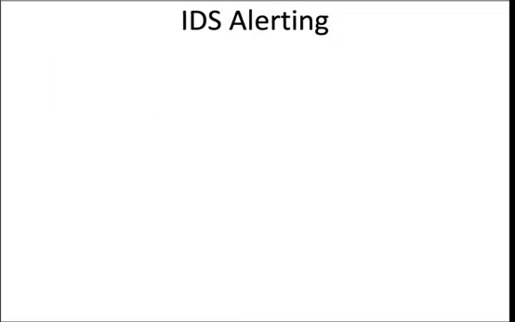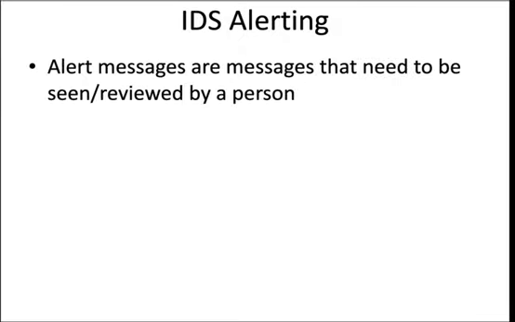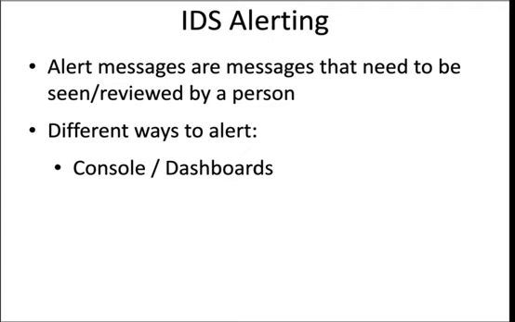As far as alerting, this is what an IDS does when it determines that it thinks something is wrong and wants somebody to look at it. So there are different ways that these alerts can take place.